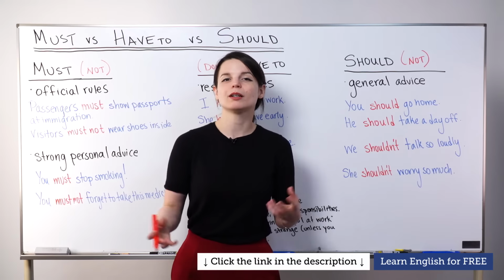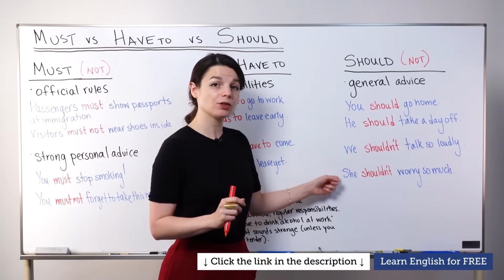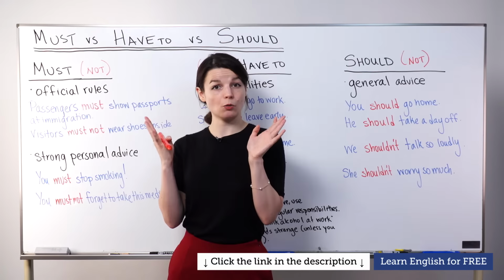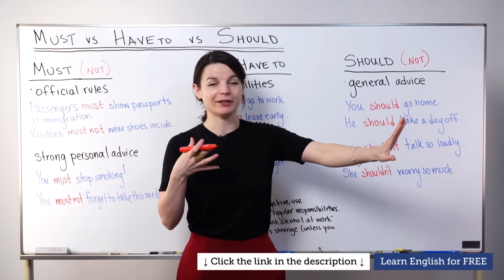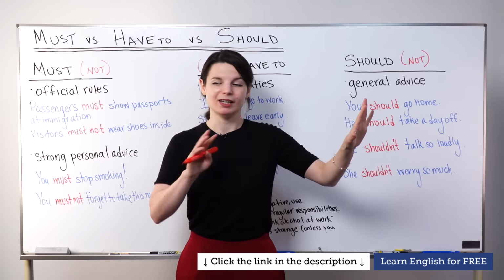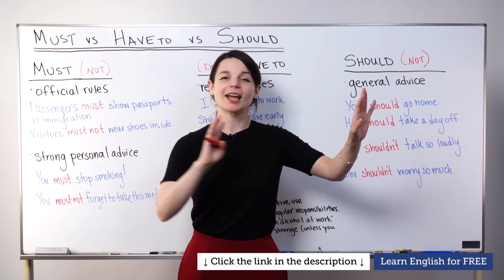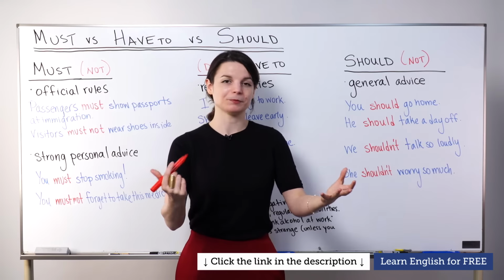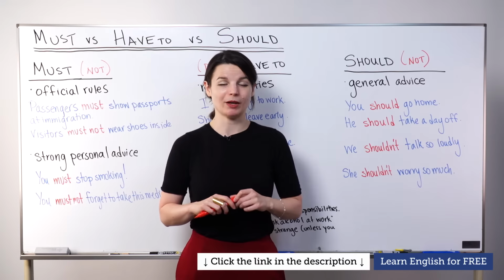Like you could say, for example, in a work situation, you have a colleague, a coworker, and she worries a lot. And you want to express to your manager or to your team member, she doesn't have to worry so much. I can do it. Like in that case, maybe it's natural. But if you're giving general advice, shouldn't sounds much better.